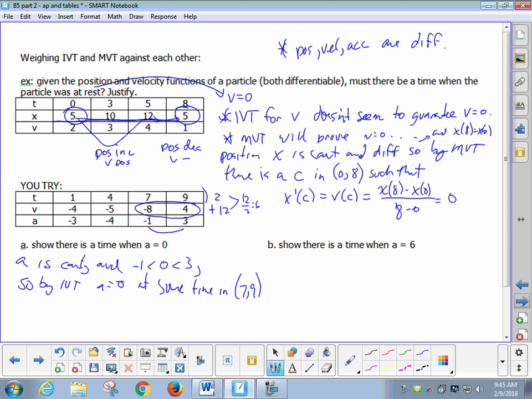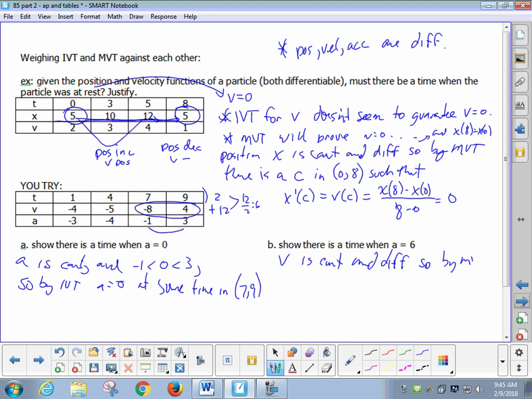So you could say velocity or acceleration is continuous and differentiable? Which one? Velocity is continuous and differentiable, because that's what we're going to take derivatives of to get acceleration.